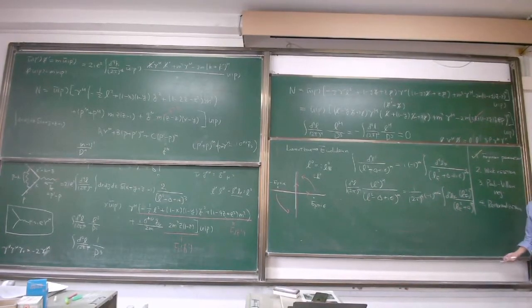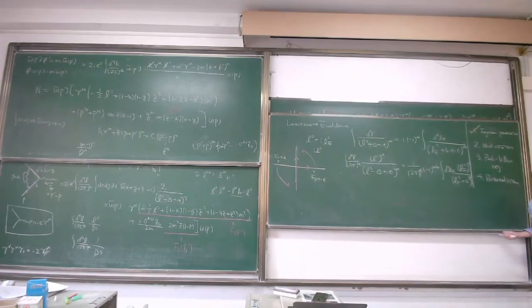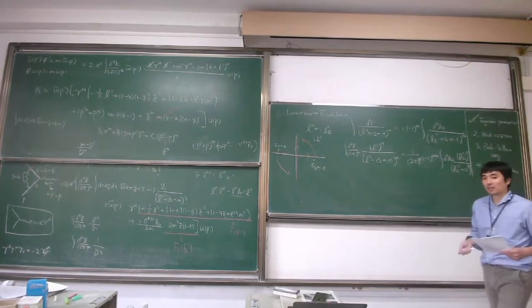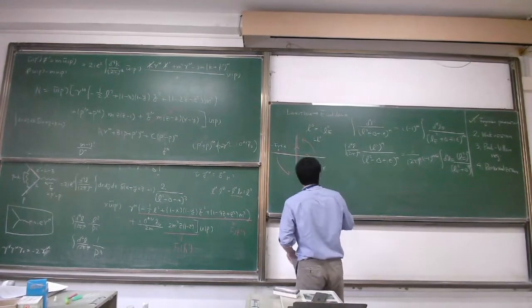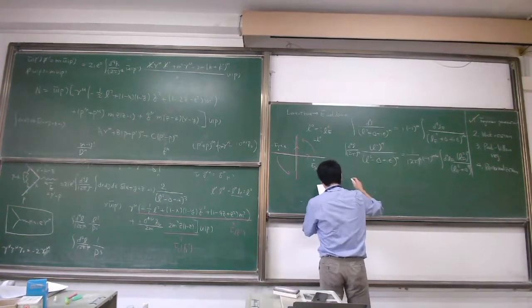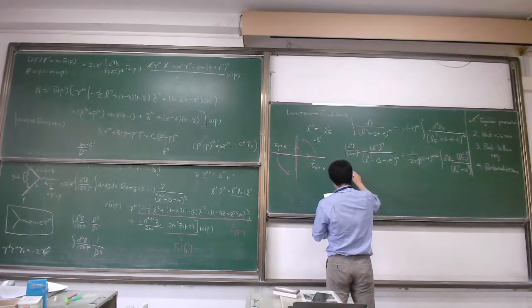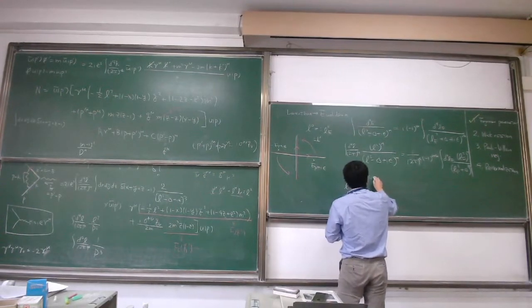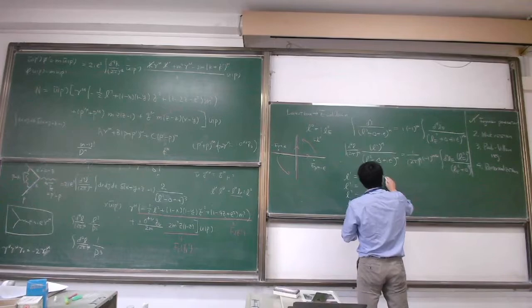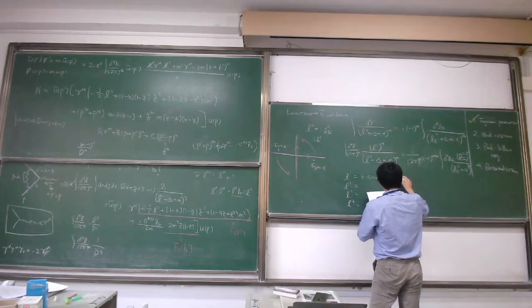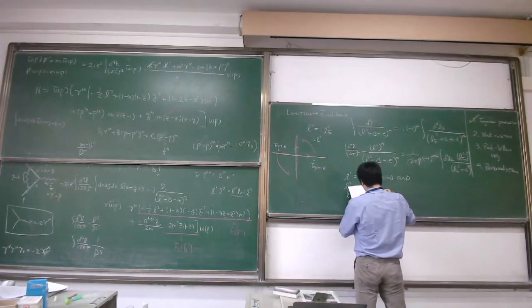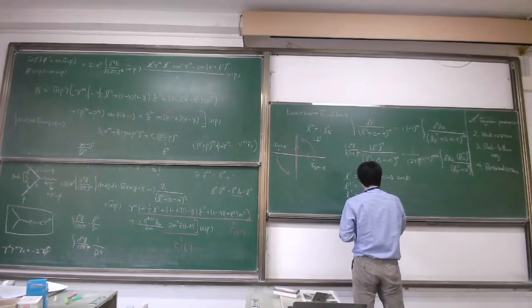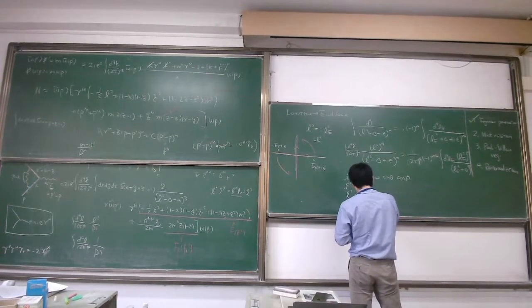The reason why we move from Lorentzian to Euclidean is just that we can use spherical coordinates. So you put L1, L2, L3, L4, and you write this as R sine omega sine theta cos phi.